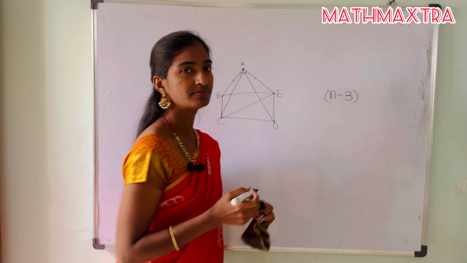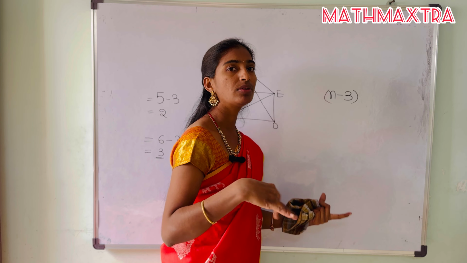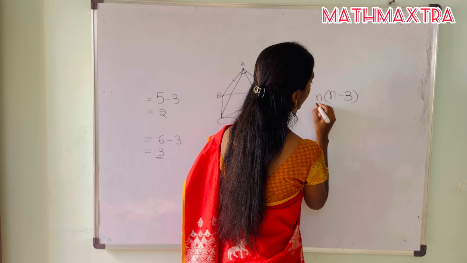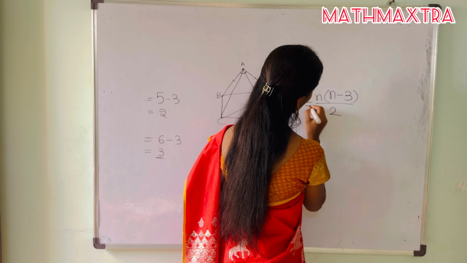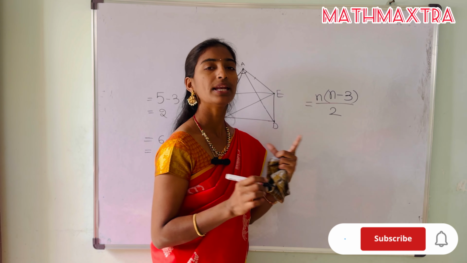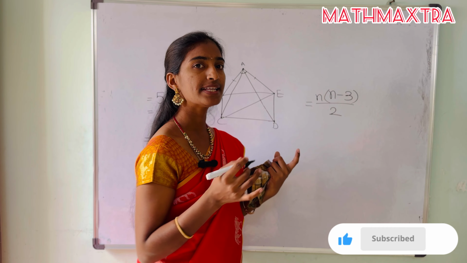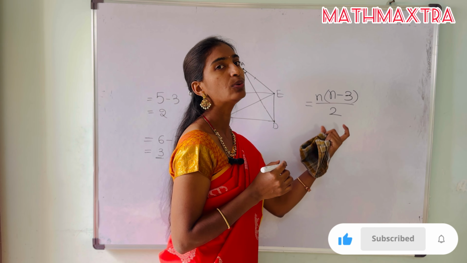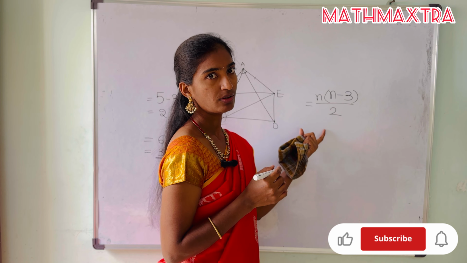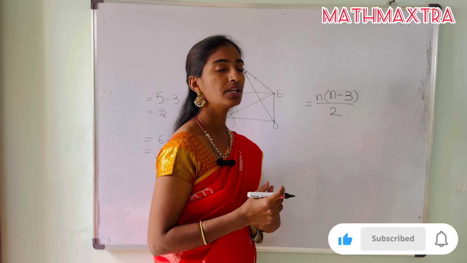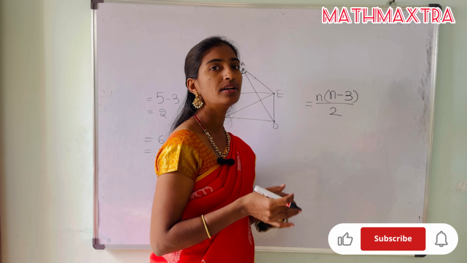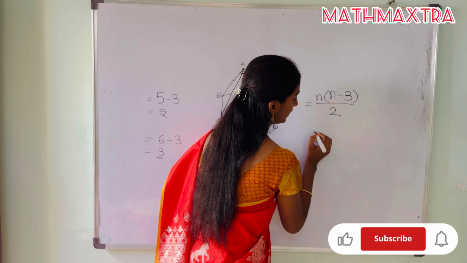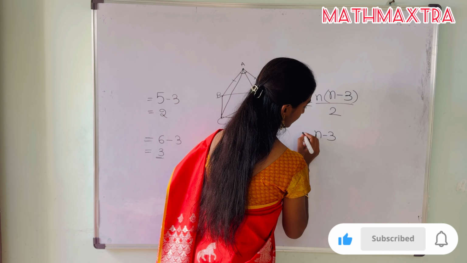And how many total diagonals can you draw? Which is nothing but n into n minus 3 by 2. So the total number of diagonals of an n-sided polygon we can find like this, which is n into n minus 3 by 2. If he asks how many diagonals can be drawn from each vertex, then you simply need to find n minus 3.